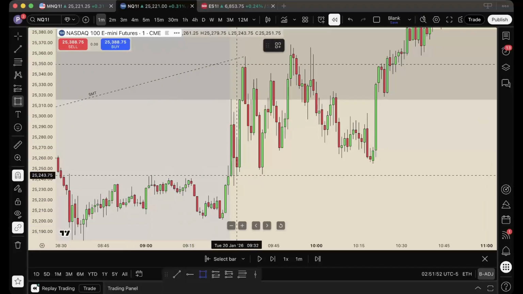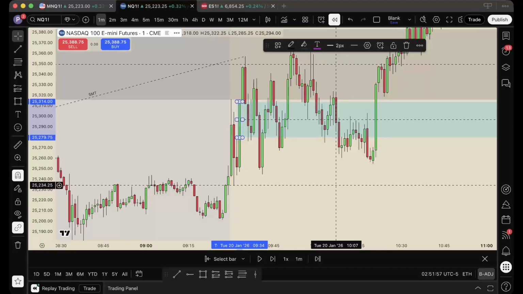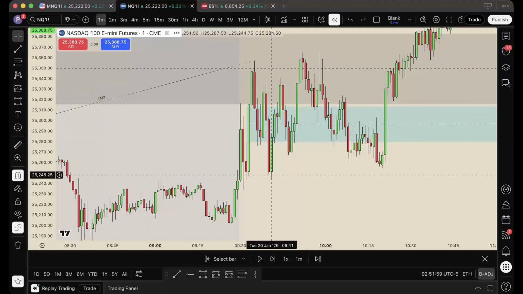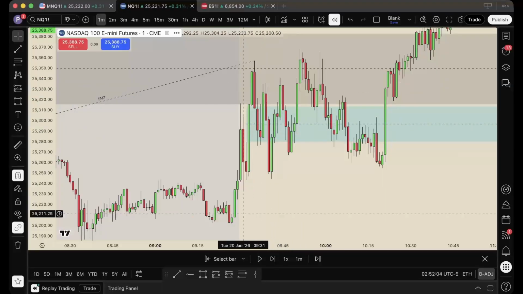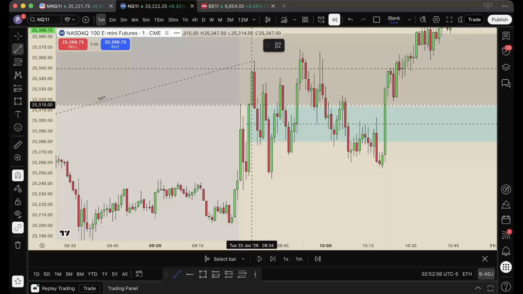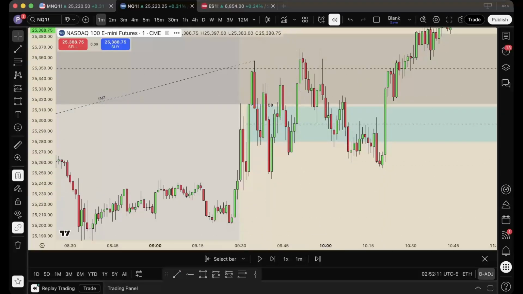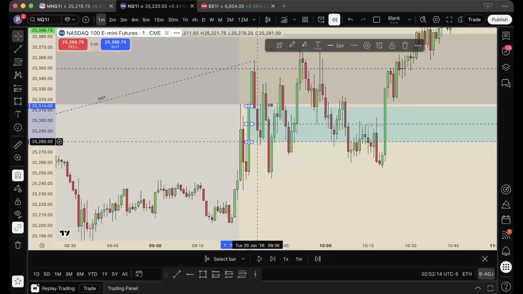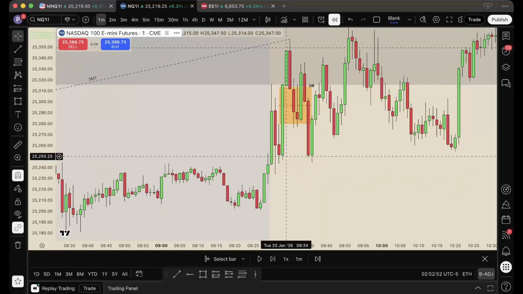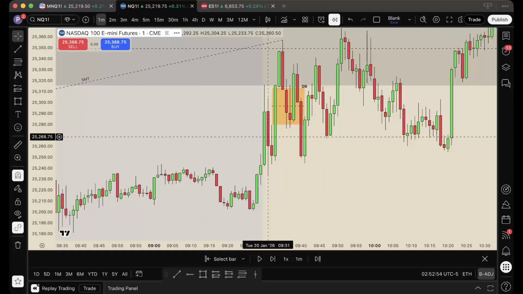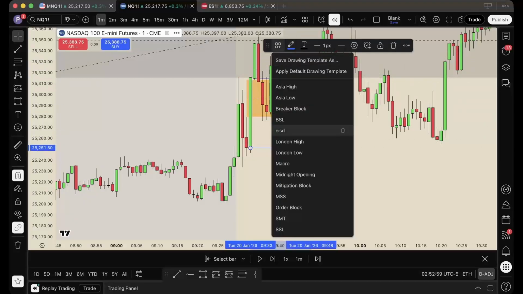This right here was the first presented fair value gap yesterday, and price went down, closed beneath CE of it, came up again into that bearish order block right here, and then went down and inversed the first presented fair value gap. So this became an inversion fair value gap. It inversed that gap, and then it made the change in the state right here.